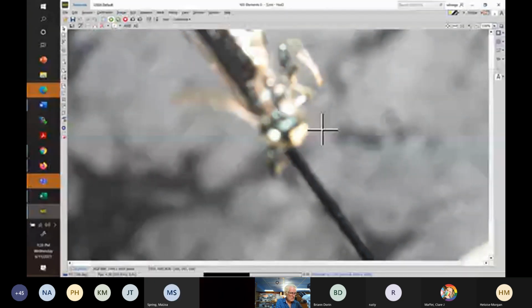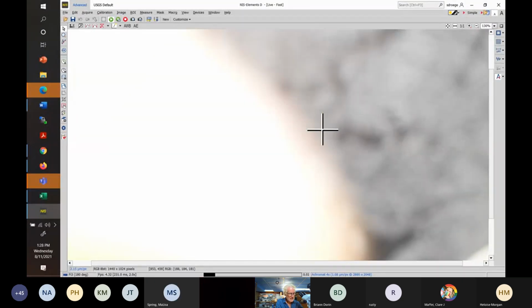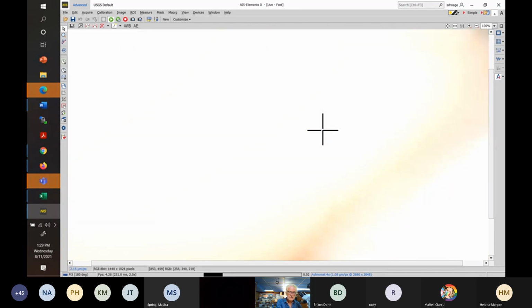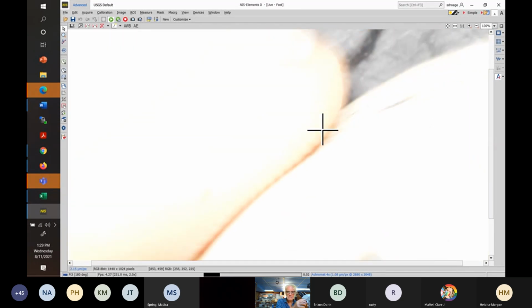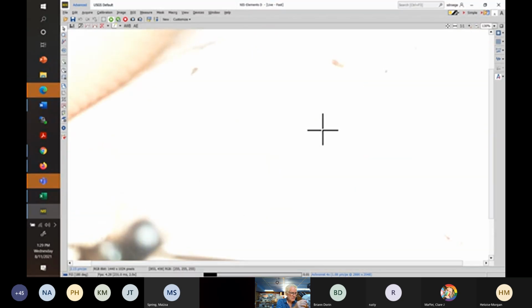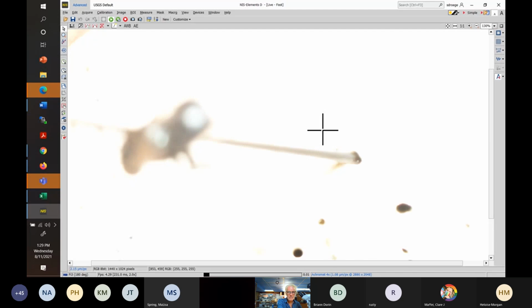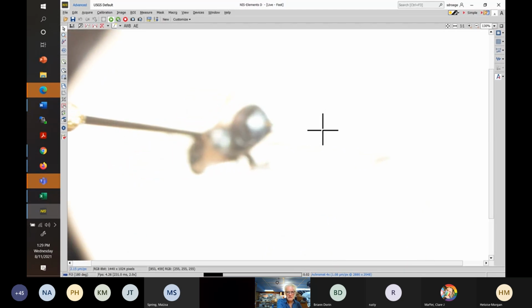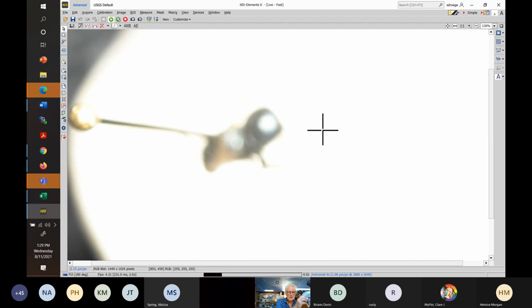Okay, now we're going to look at that flange on the abdomen of this specimen, and they all have this, but the shape of it, it turns out, is very useful in discriminating the species apart. It is very bright.